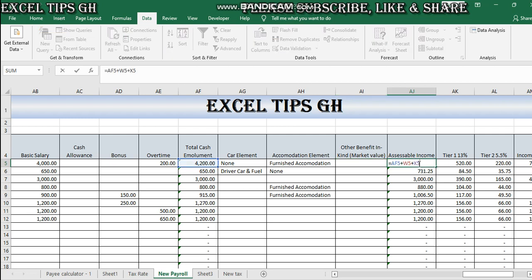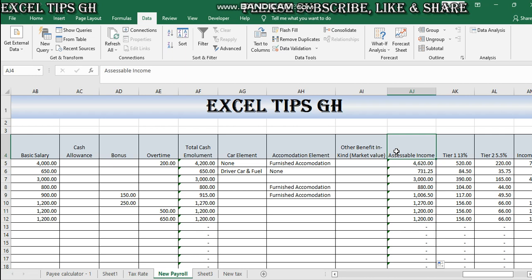So this time around, we need to add the value of the non-cash benefits as well. And then click on this. So the next thing is the loan. With that one, the treatment is a bit complex, but as time goes on, we are going to delve into it.